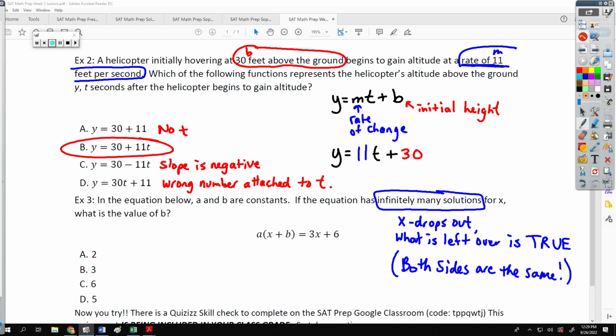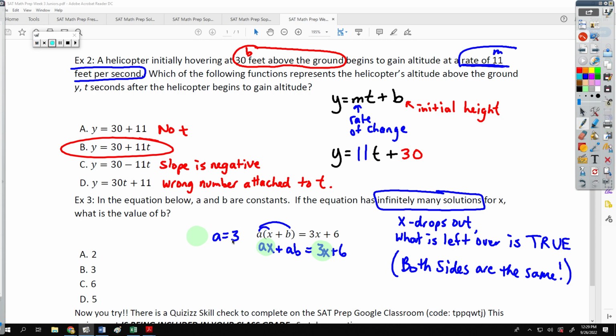So what we do here is we distribute the a, which gives us ax plus ab equals 3x plus 6. Then we look at that and we say to ourselves, well, in order for the x to drop out, these two terms have to be the same. The ax and 3x have to be the same. So in order for ax to equal 3x, we know that a has to be 3.